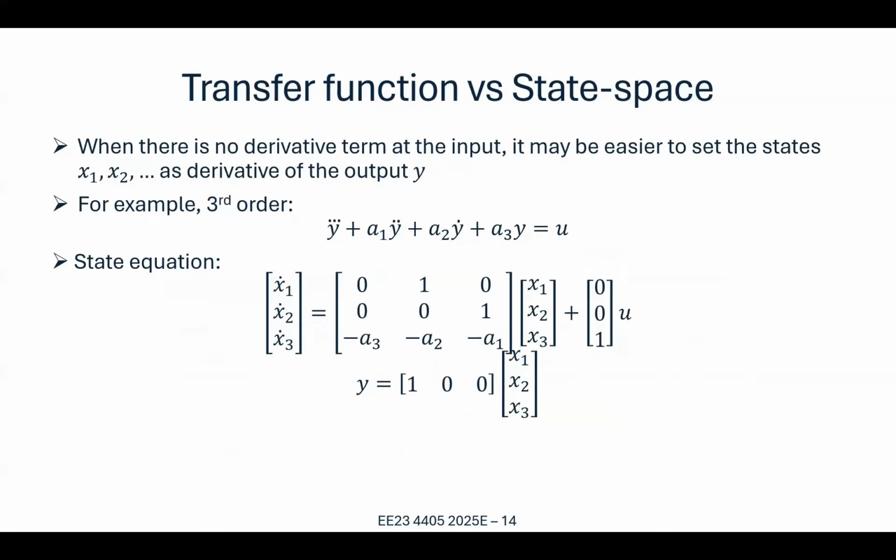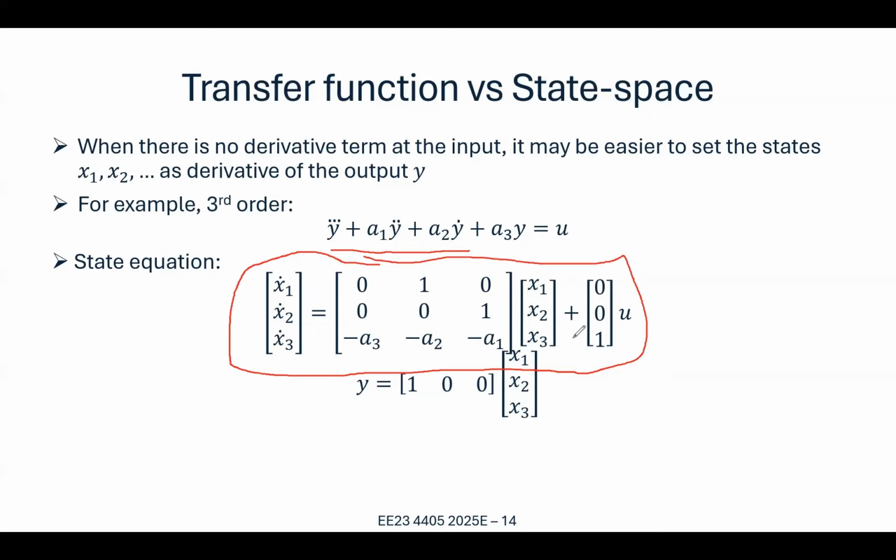So the third order here, we use y triple dot plus a1 times y double dot plus a2 times y dot plus a3 times y equals u, and then the state equation here is x1 dot, x2 dot, x3 dot is 0 1 0, 0 0 1, minus a3 minus a2 minus a1.